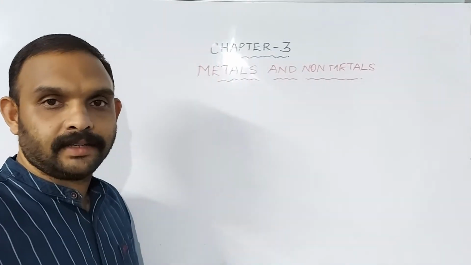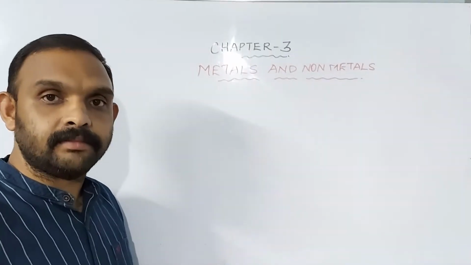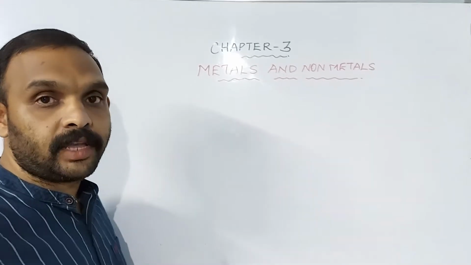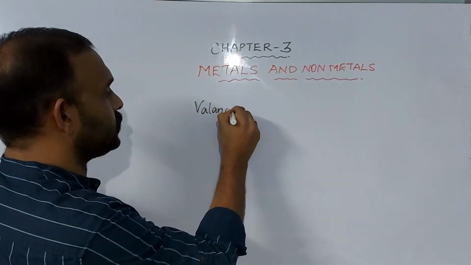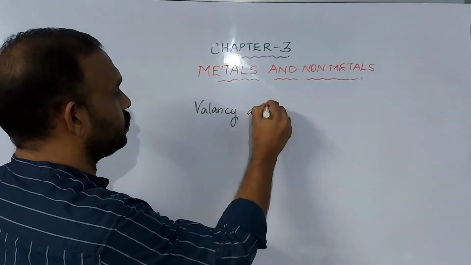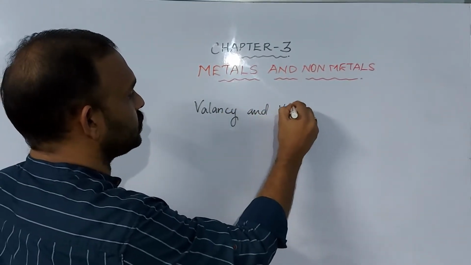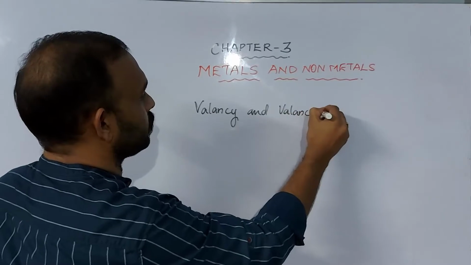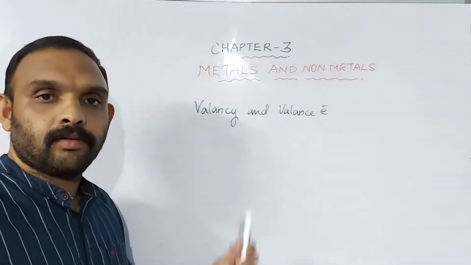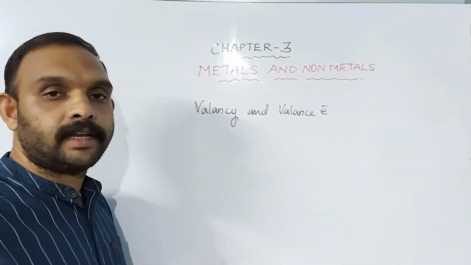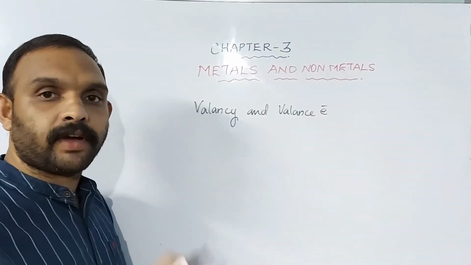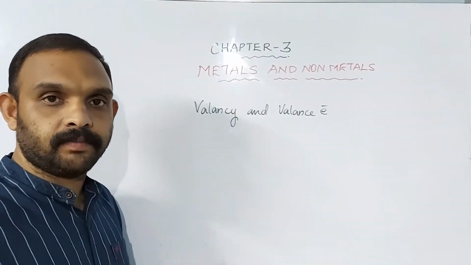In class 9th, you have learnt a term called valency and valence electrons. Do you remember that? What is meant by valency? We have learned that the combining capacity of an element is called its valency.